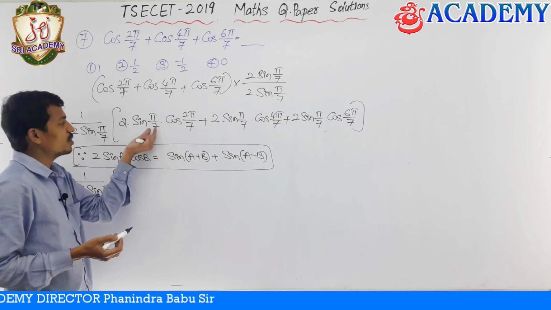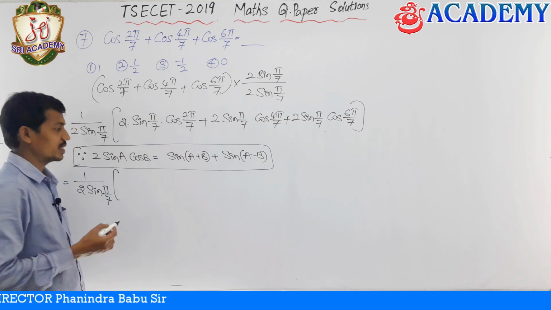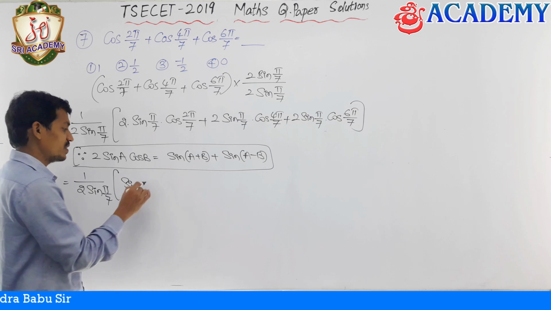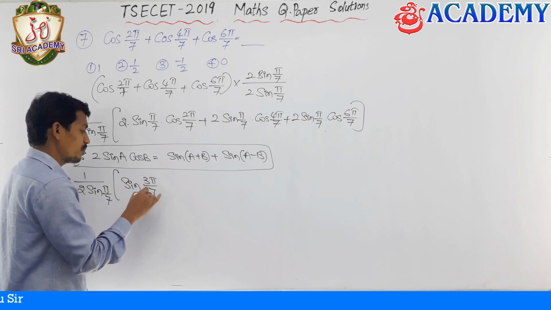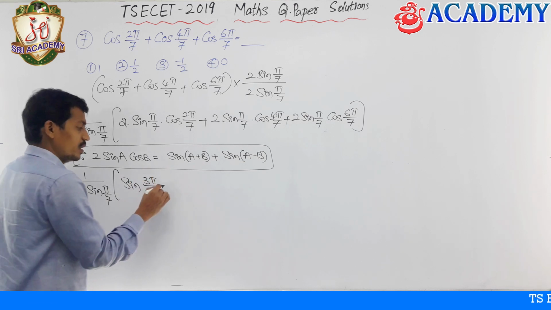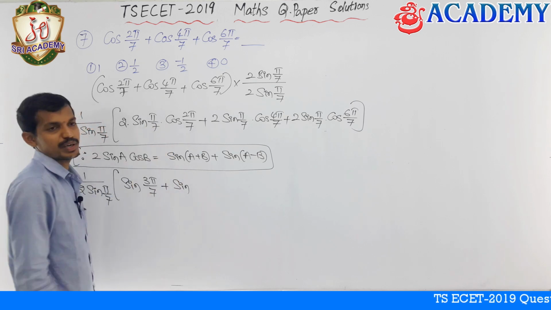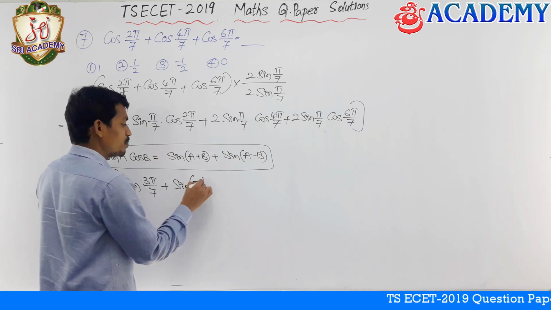Sin A equal to pi by 7, B equal to 2 pi by 7, that is sin of pi by 7 plus 2 pi by 7, which is 3 pi by 7, plus sin of pi by 7 minus 2 pi by 7, which is minus pi by 7.